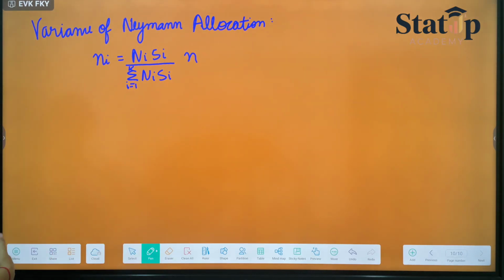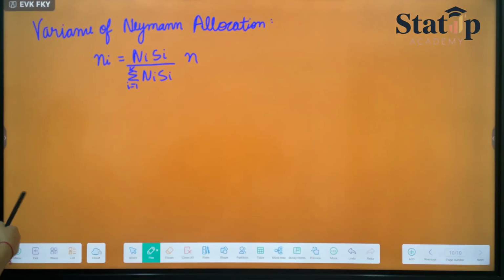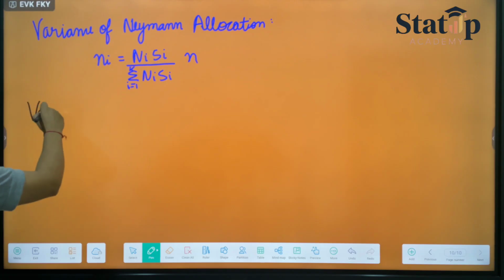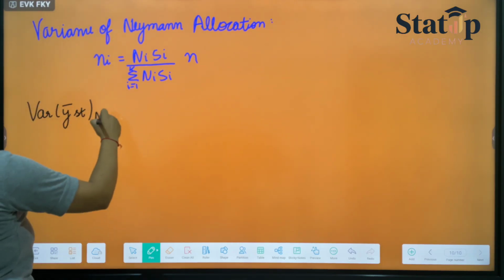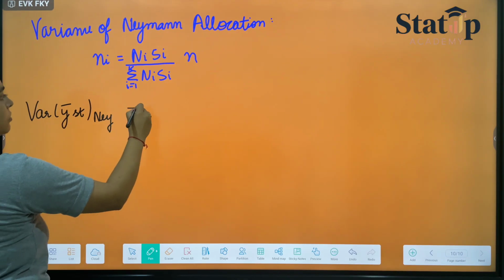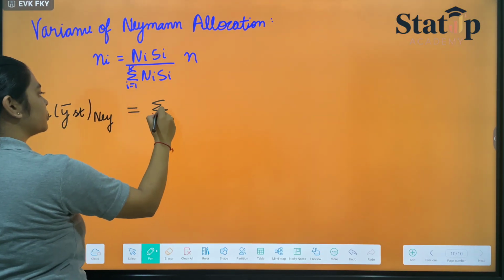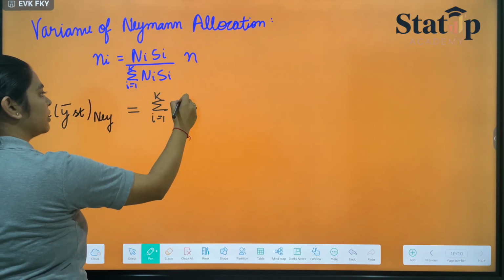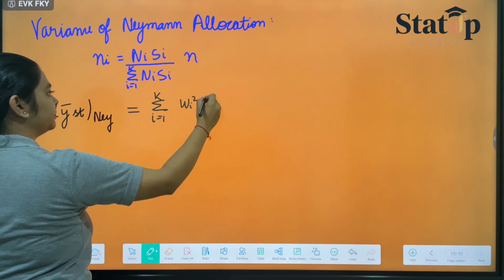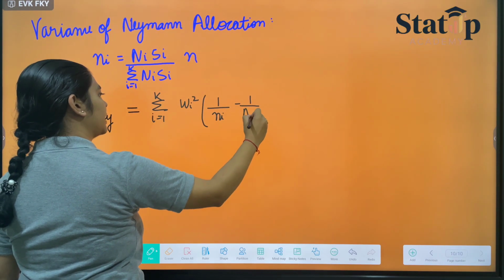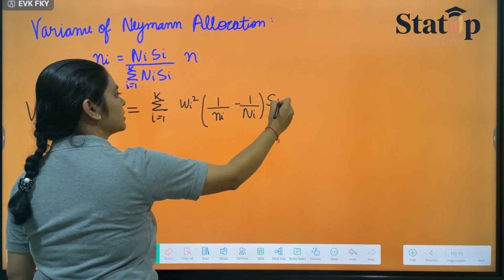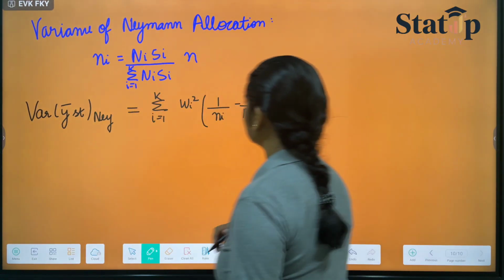This was the formula for Neyman allocation. Now again, variance of y bar st of Neyman is summation i goes from 1 to k Wi square 1 upon small ni minus 1 upon capital Ni Si square. This is the formula.